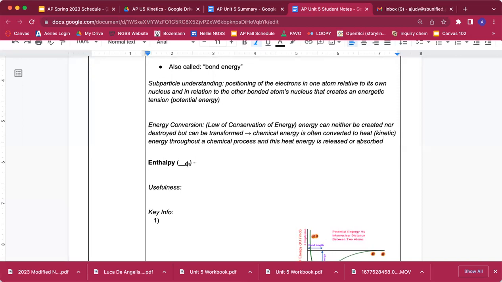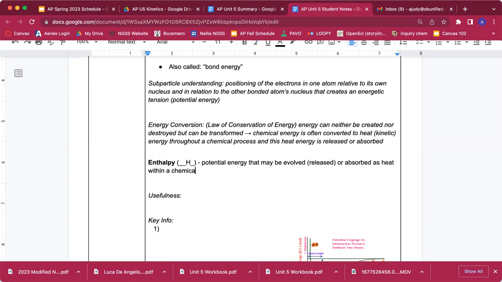Enthalpy is the particular term that we use in chemistry, symbolized by H. Enthalpy, representing the heat, is the potential energy that may be evolved, i.e. released, or absorbed as heat within a chemical process or system. So that's just the technical terminology for it all.